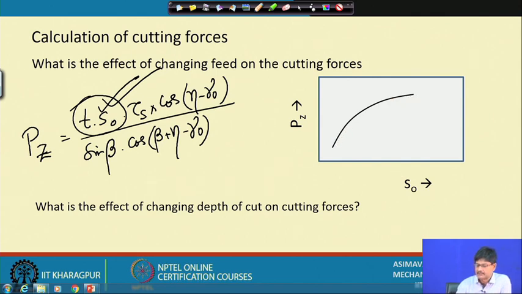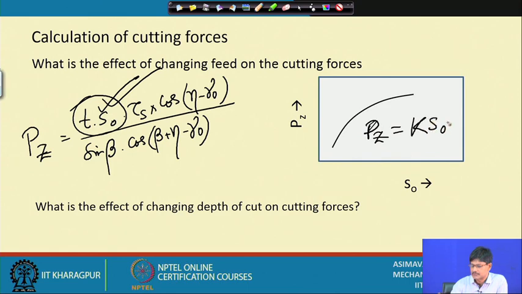It suggests that P z will be equal to some constant multiplied by S O to the power n, and n is obviously less than 1. By experiments it has been found that generally it is around 0.75 to 0.69, in this range.